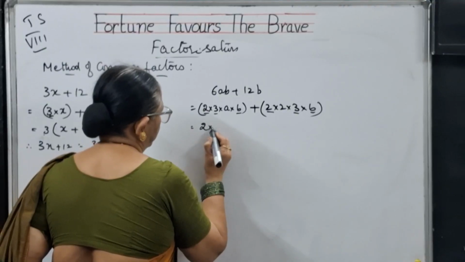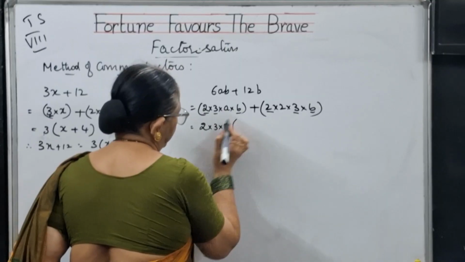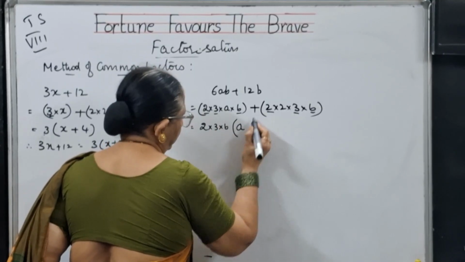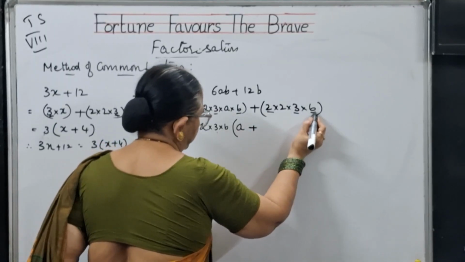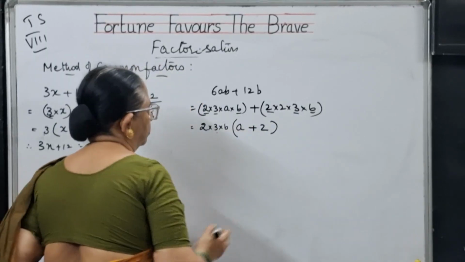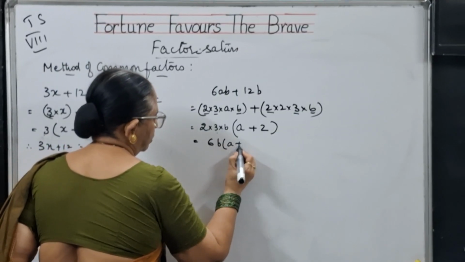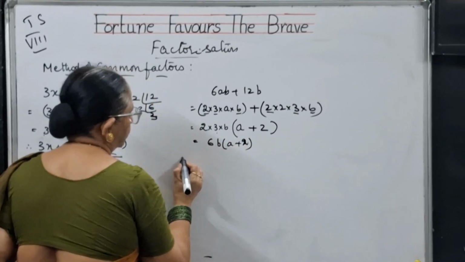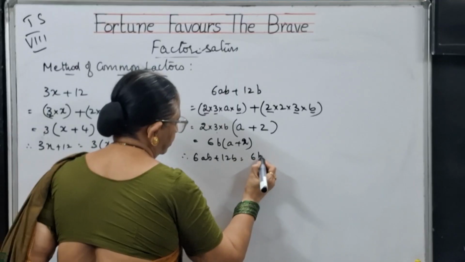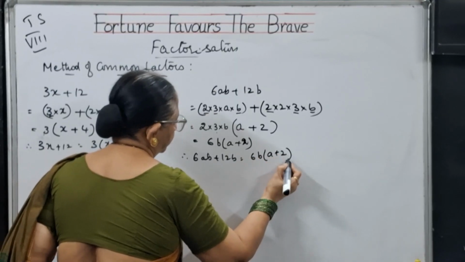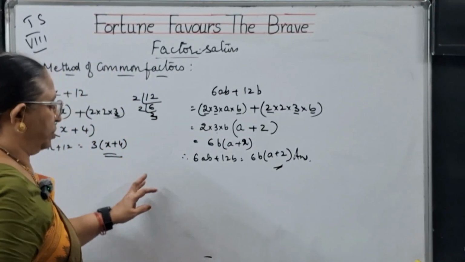So what will you write? 2 into 3 into b, these 3 common factors have come out. So what is left behind? a plus 2. 2 has gone out, 3 has gone out, b has gone out, and you have only 2 left. So 2 threes are 6b into a plus 2. Therefore, 6ab plus 12b is equal to 6b into a plus 2. This is the simplified answer for this problem, children.